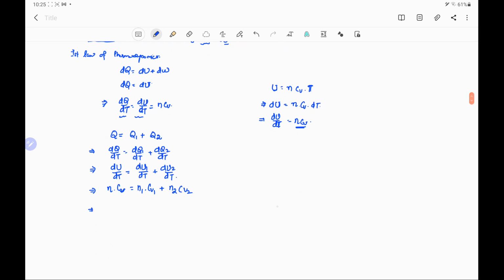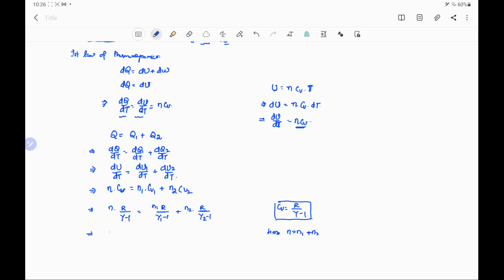And above we have already found that Cv equals R/(gamma - 1). Using this relation we can write n R/(gamma - 1) equal to N1 R/(gamma1 - 1) for the first gas plus N2 R/(gamma2 - 1) for the second gas. And here this n is equal to N1 plus N2, the total moles of the mixture.